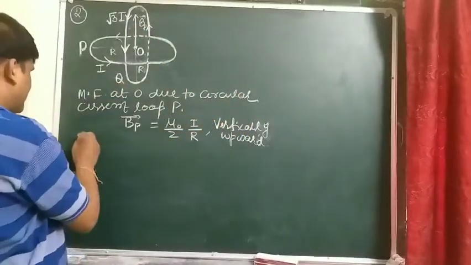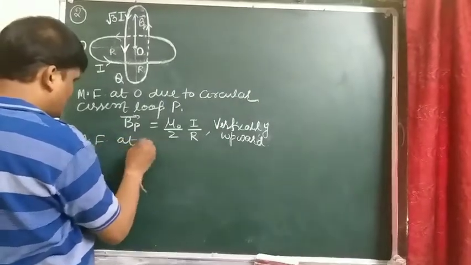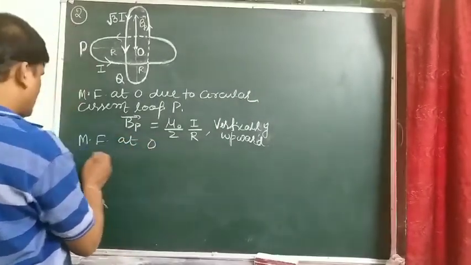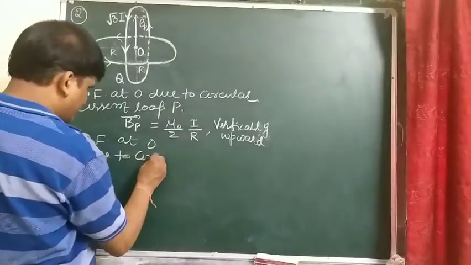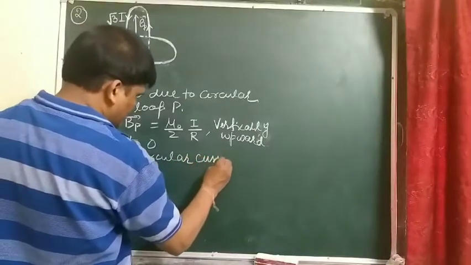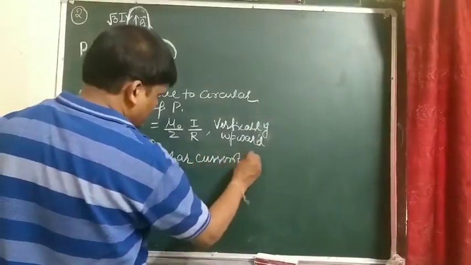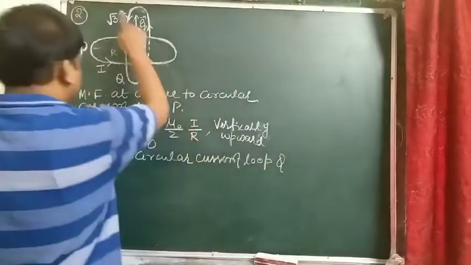So this is the magnetic field at O due to circular current loop Q carrying current root 3I.